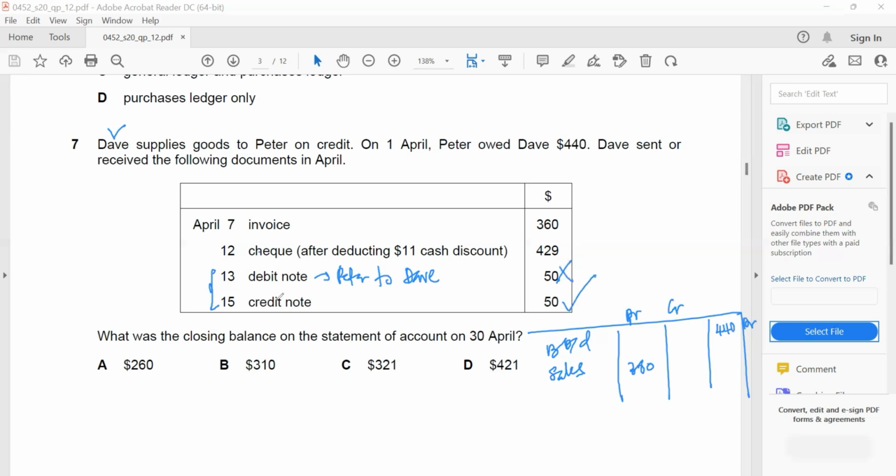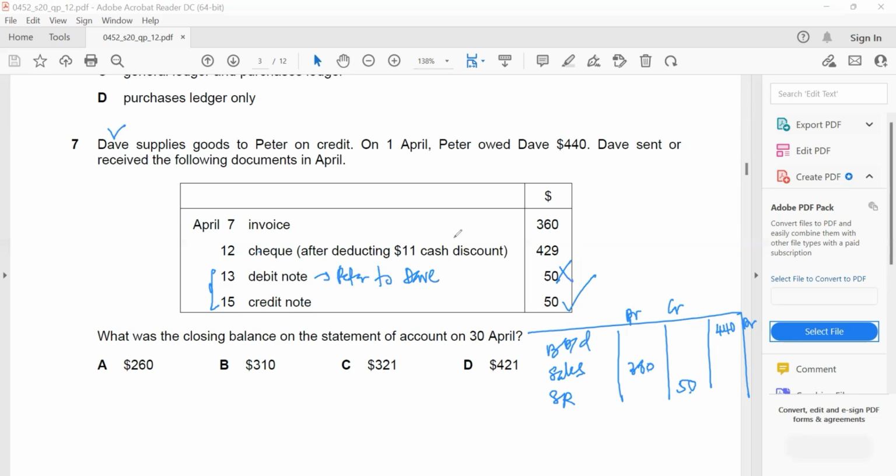We only take the document issued by Dave for the recording. So this is a sales return for the 15, and this one is 50. So what is the balance? So take this plus this minus 50. So we will get 440 minus 306 minus 50. So we get 7.